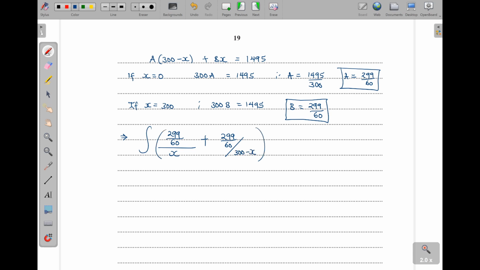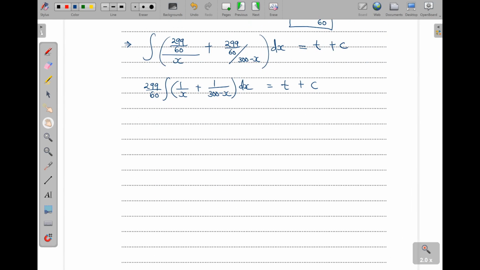All of this we are integrating with respect to x, equal to t plus c. Now I can put this 299 over 60 outside because it is common. Then I will have 1 over x, and here 1 over 300 minus x, then dx, equal to t plus c.